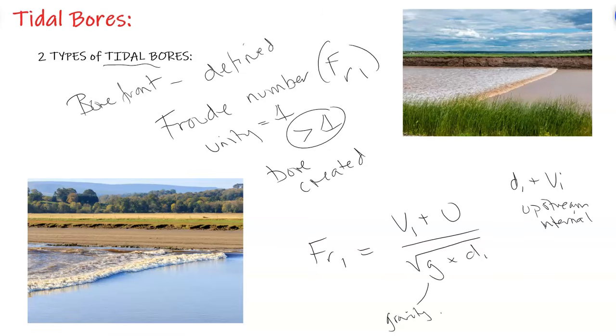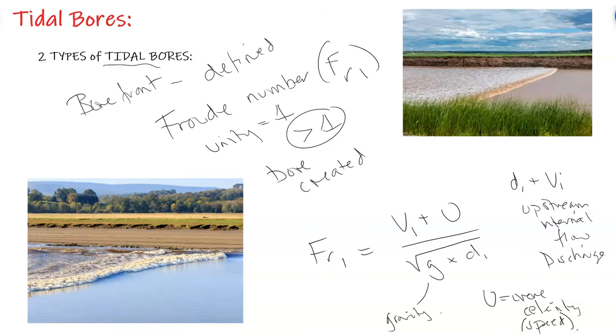So the strength of the river, basically the discharge of the river. If it's too great, it's going to basically destroy the bore. Okay, and then we've got U, which is the wave celerity, which basically is the speed, how fast the wave is traveling.